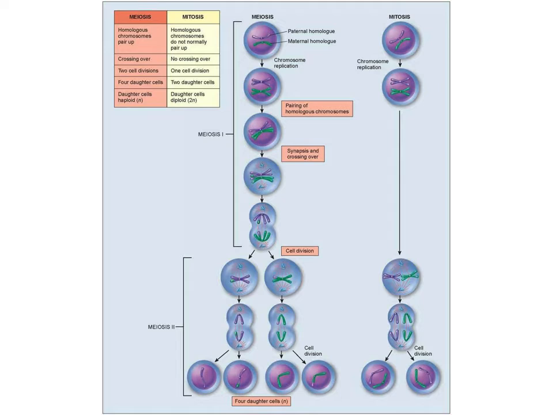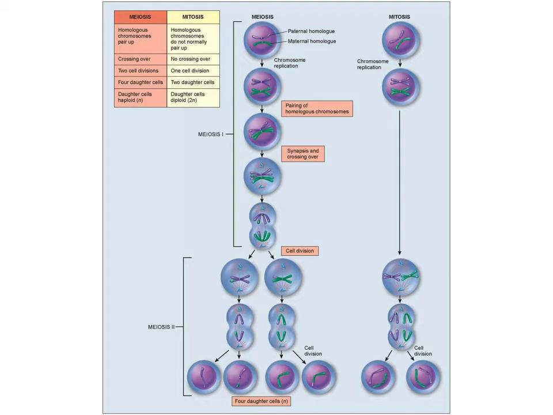So again, drawn here at the bottom, you see that meiosis 2 resembles an ordinary mitotic division, except for the presence of a single set of 23 duplicated chromosomes, each with 2 chromatids held together at their centromere.